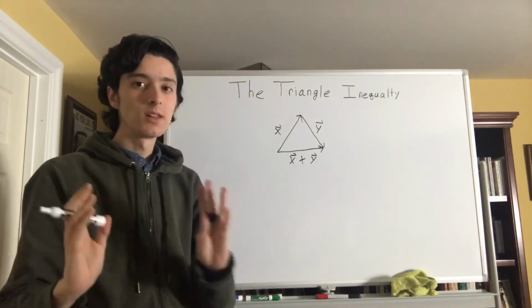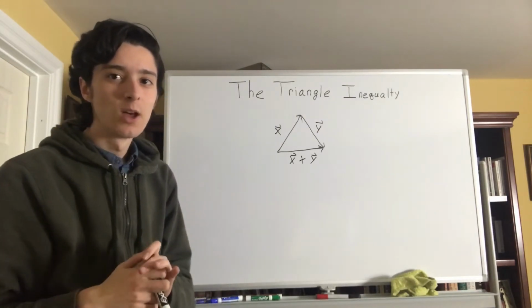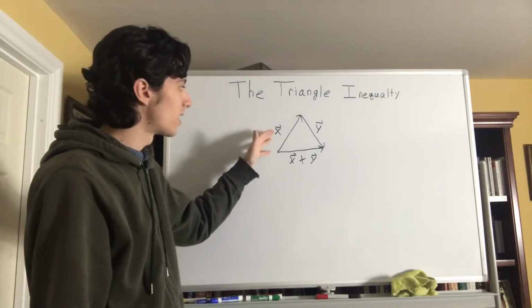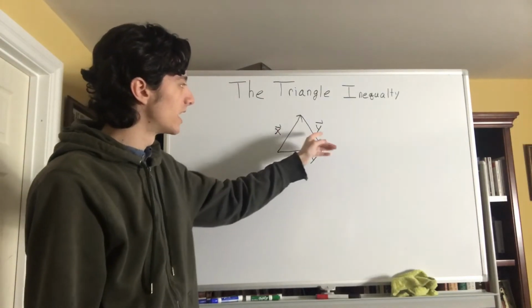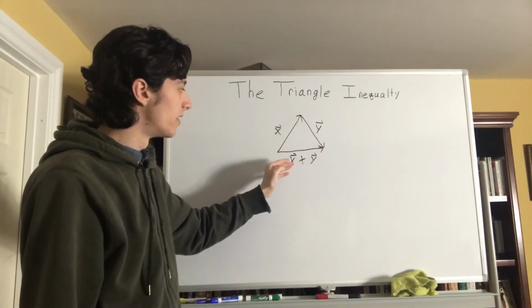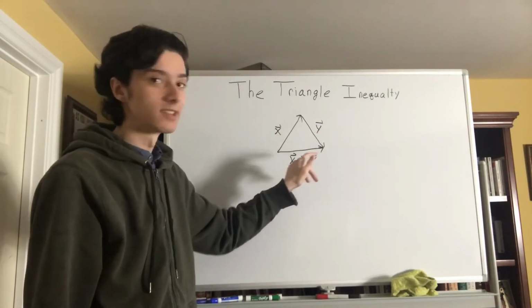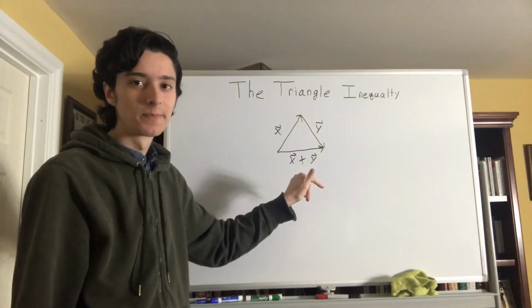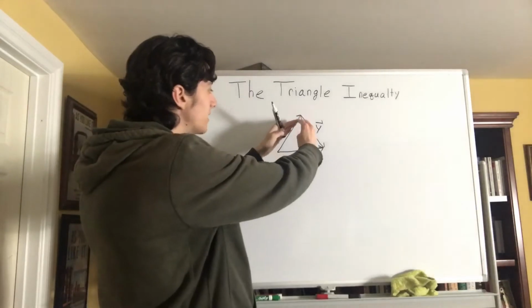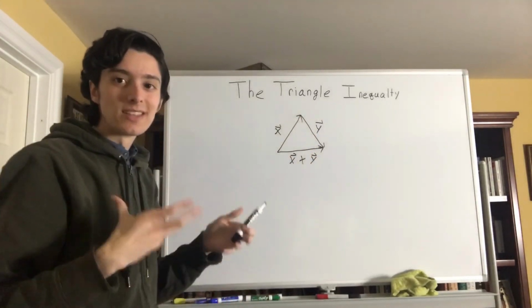Now, similarly to the triangle inequality, we can see that clearly the length of this vector x plus the length of this vector y is greater than the length of this sum of the vectors. And again, we can see that if this were to be completely flat, then they would be the same.